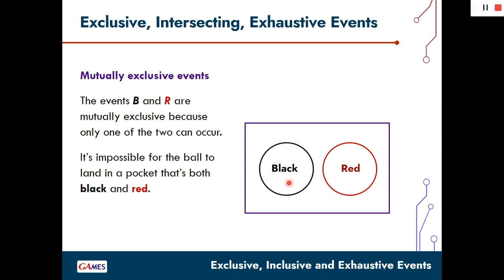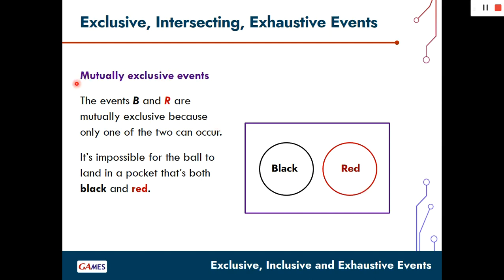So when you write out all the possible outcomes for black, and we do the same thing for red, you discover that you don't have similar values. Because they do not share possible outcomes, their outcomes are entirely exclusive. They do not share anything in common. The outcomes are entirely exclusive.